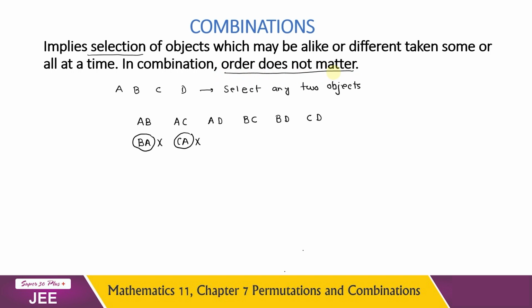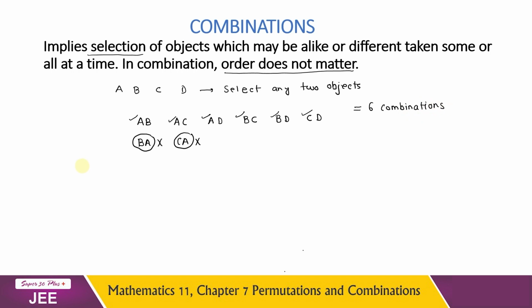So how many total combinations of 2 objects could I have made? 1, 2, 3, 4, 5 and 6. So in total there were 6 combinations.